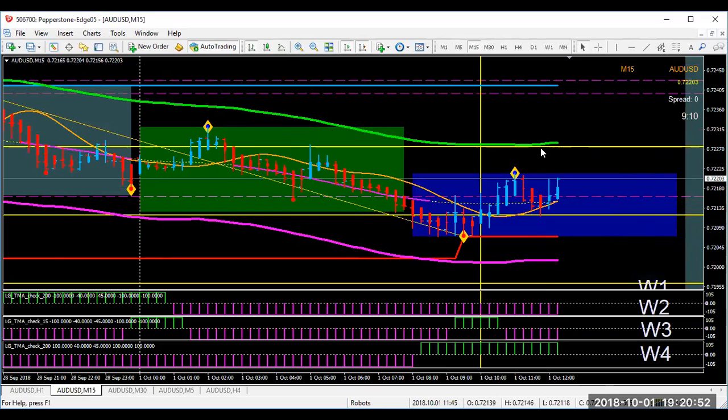Yeah, so that last red diamond is not so low. I did not trade the VBL. Vertical blue line.